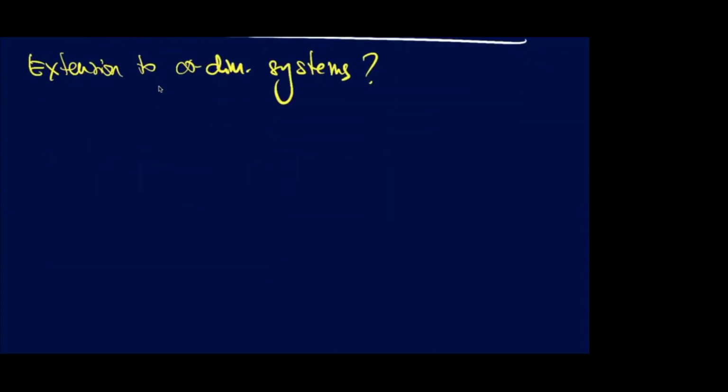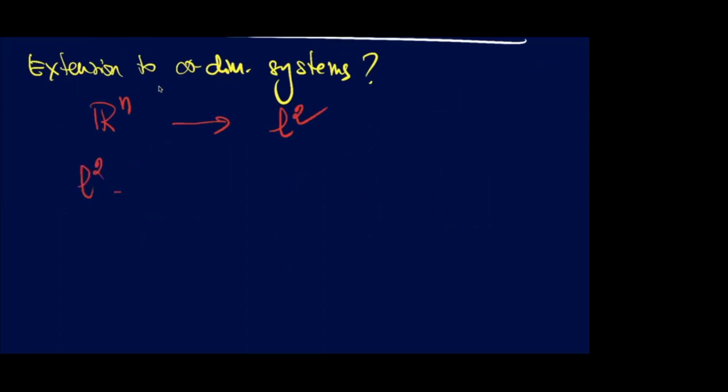Okay, so what will be the simplest possible infinite dimensional system? Well, it's very easy to think on this, right? So what is the simplest possible infinite dimensional space? So I can go from Rn into little L2, right?